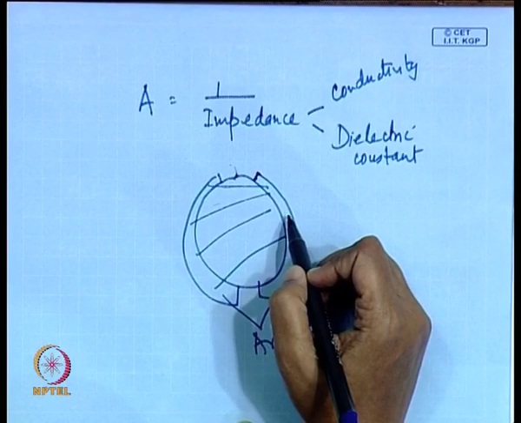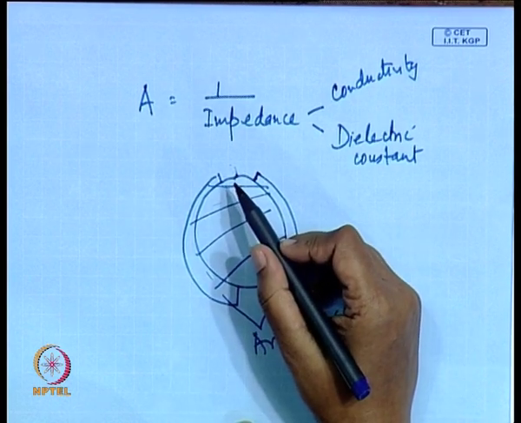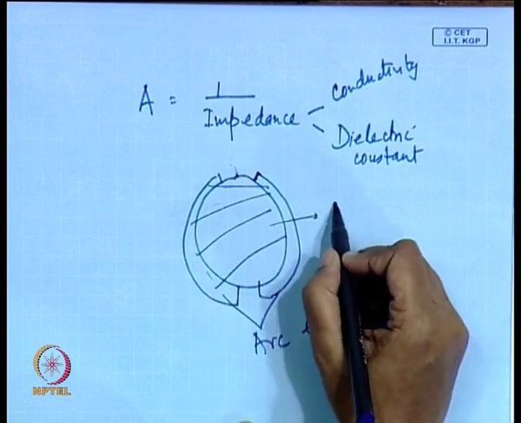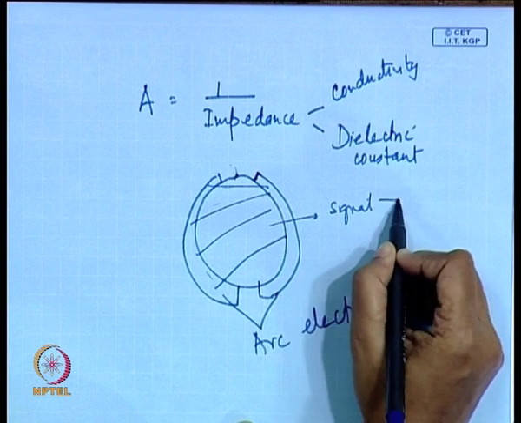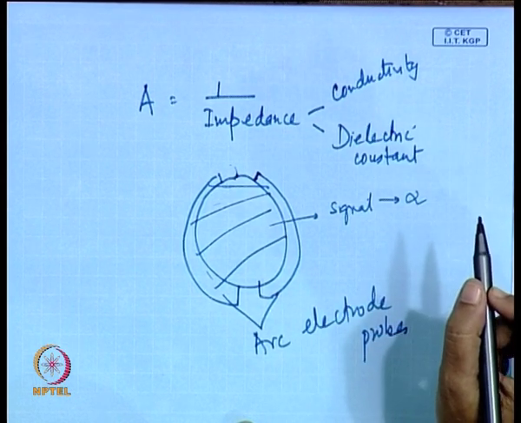So, the advantages of these arc electrode probes are that they are non-intrusive and give us an area average value. Disadvantages: firstly, converting the signal into voidage is not very easy. It requires extensive mathematical manipulation, but if that can be done, then it is worth it.